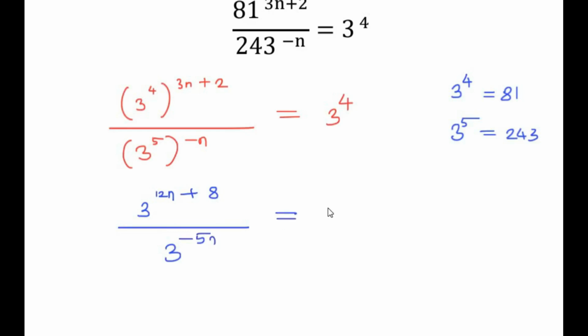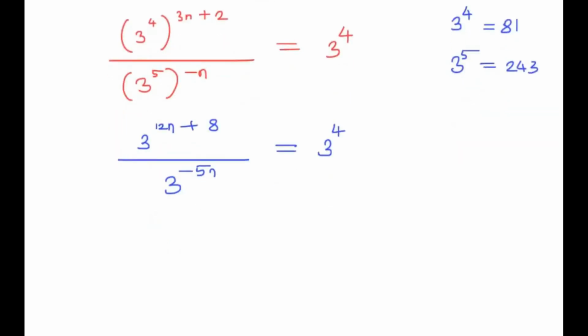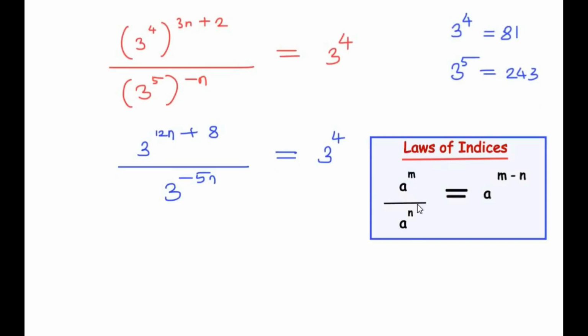This will be equal to 3 to the power of 4. Now here, to solve the left hand side, we are going to make use of another law of index, which is a to the power of m divided by a to the power of n will be equal to a to the power of m minus n. So here, if the bases are same, a, and there is division involved, the powers need to be subtracted.